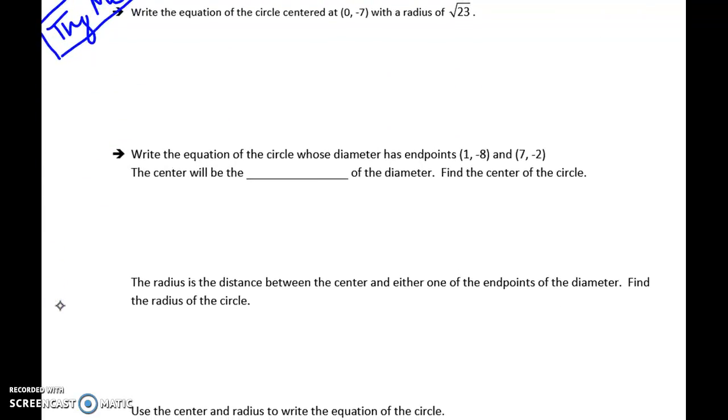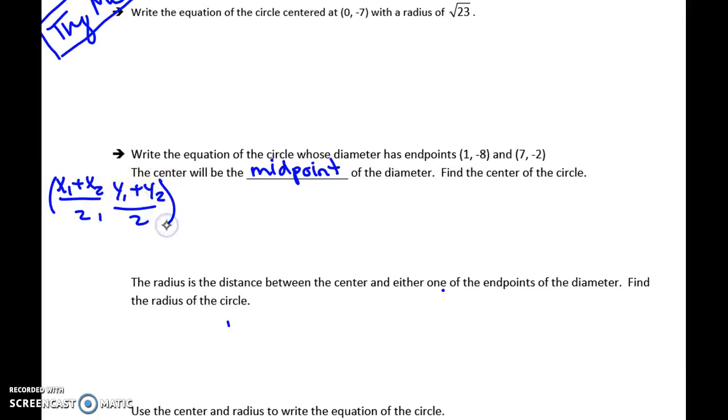All right, now let's take a look at a slightly harder problem. I now want to write the equation of the circle that has a diameter with those endpoints. The center will always be the midpoint of my diameter. So the first thing I'm going to do is find the midpoint between these two points. If you remember from a long time ago, we find our midpoint with the average of my x values and the average of my y values.